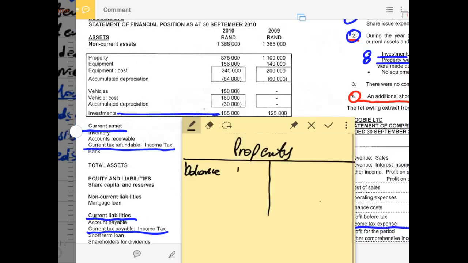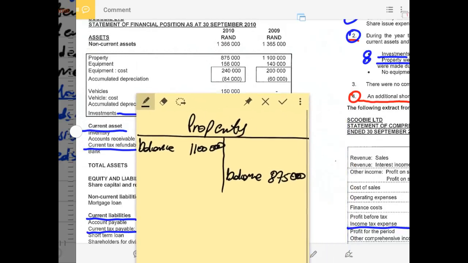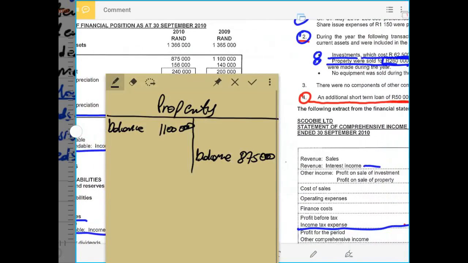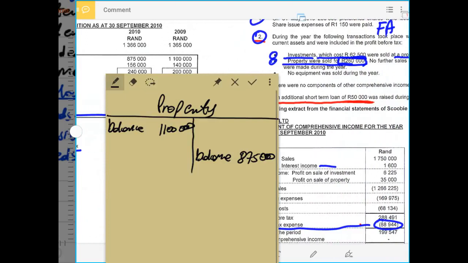However, the opening balance of property will be 1,100,000. And the closing balance will be on the credit side, balance carried down, 875,000 rands.